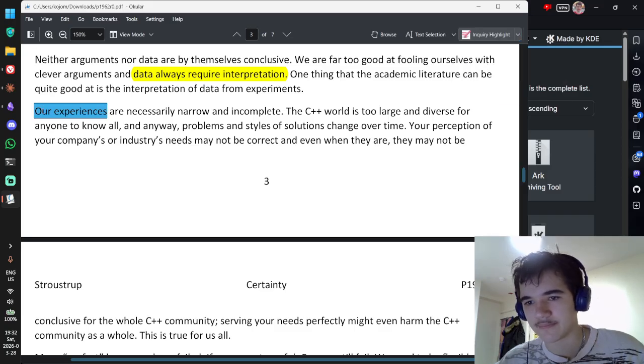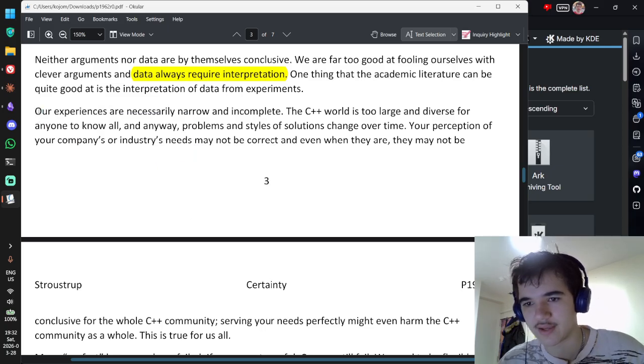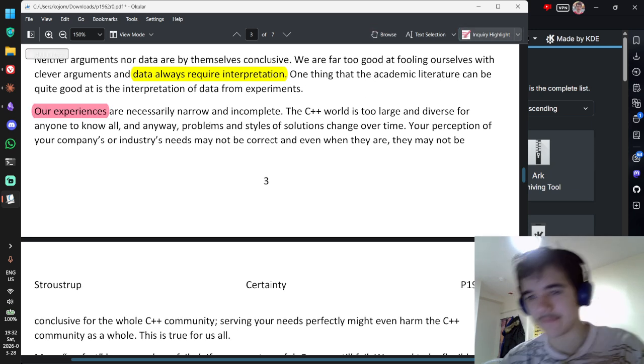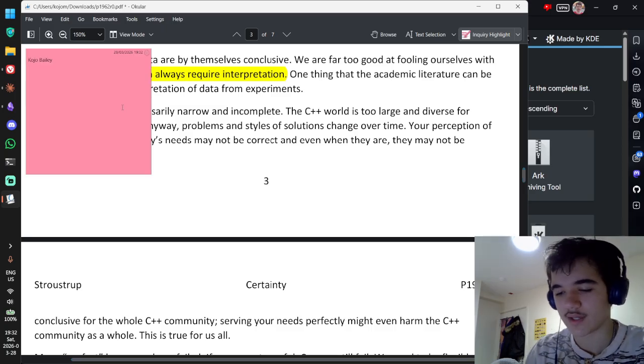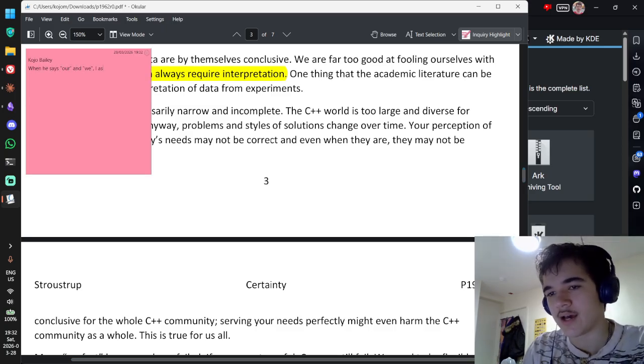Wait, can I just right click this to highlight? No, unfortunately not. So I need to do this. Okay. When he says "our" and "we", I assume he's referring to the committee.